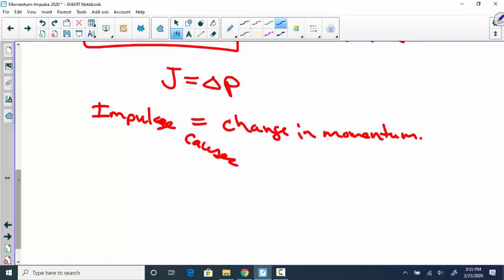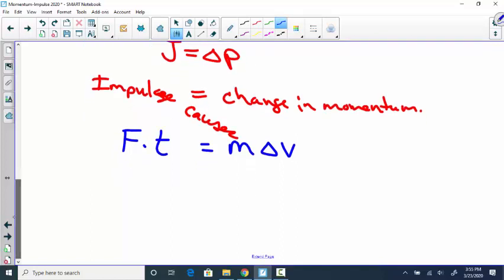So if you think about this equation, when you apply a force for a certain amount of time to some mass, that's going to change its velocity. Okay, that's what that equation basically states.